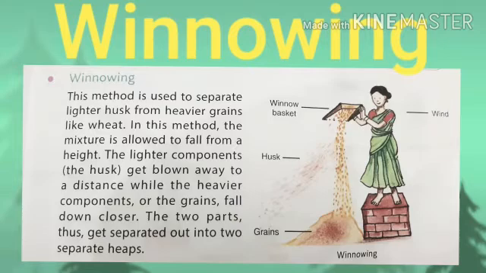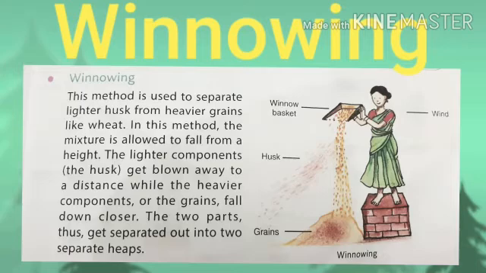So what is winnowing? Winnowing is used to separate lighter husk from heavier grains like wheat. In this method, the mixture is allowed to fall from a height and the lighter components, that is husk, get blown away to a distance while the heavier component or grains fall down closer. The two parts thus get separated out into two separate heaps.